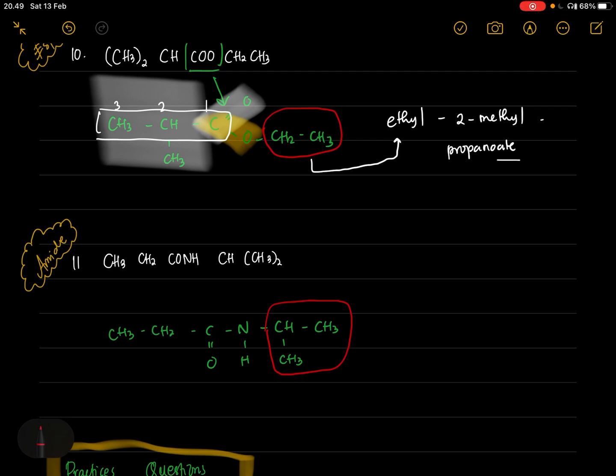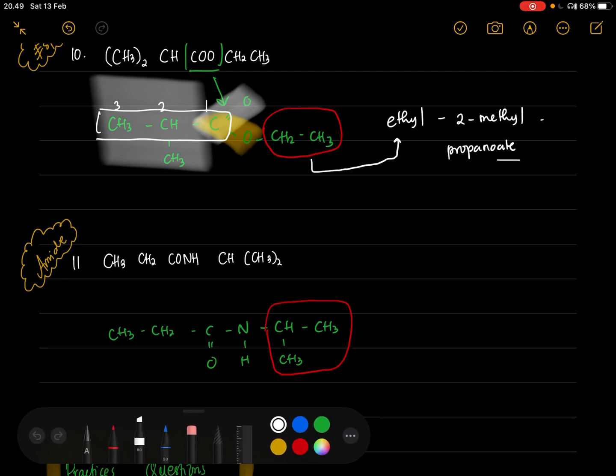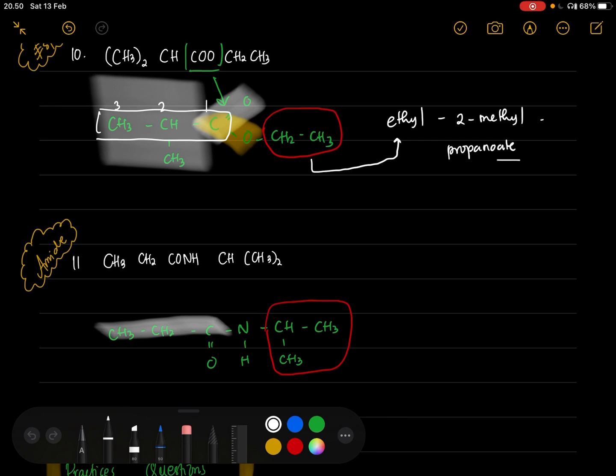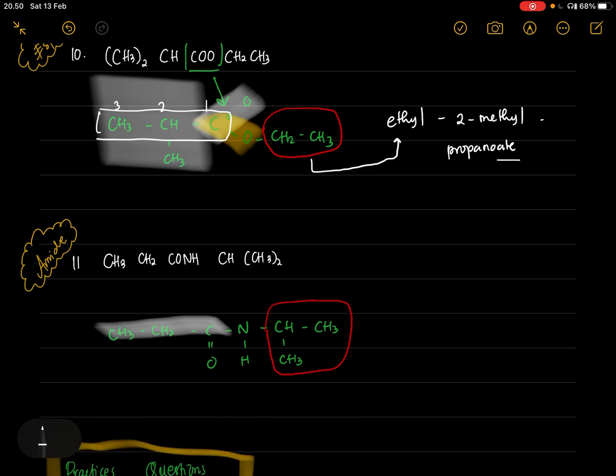And the parent chain is the one before the C=O double bond. Because we have a branch in the alkyl group, you can name based on the common name, because this can be called isopropyl, or you can also name it as methylethyl, no problem as well.